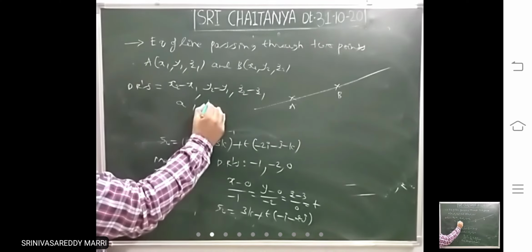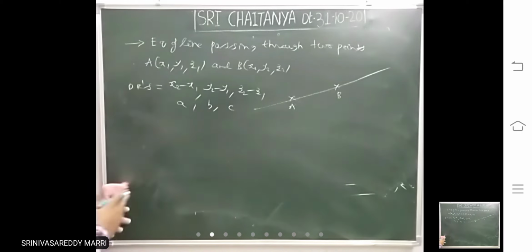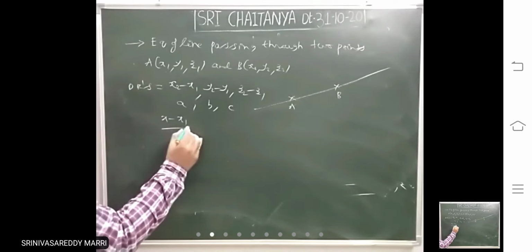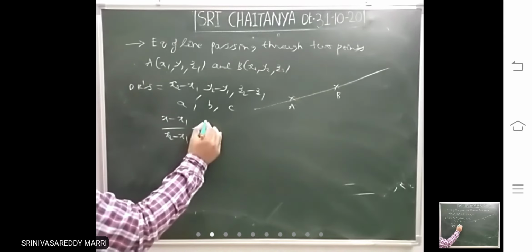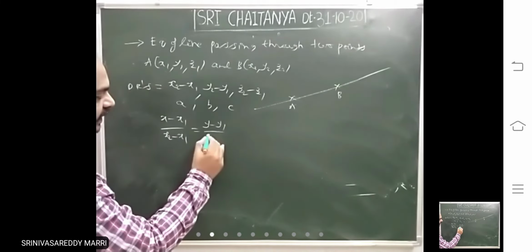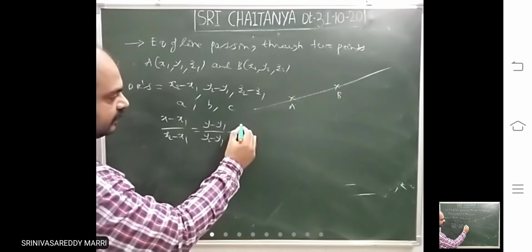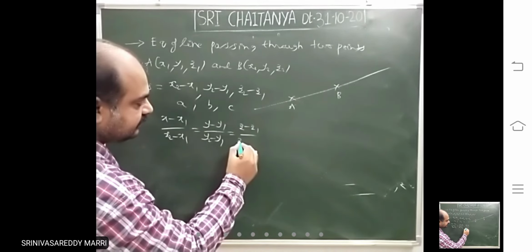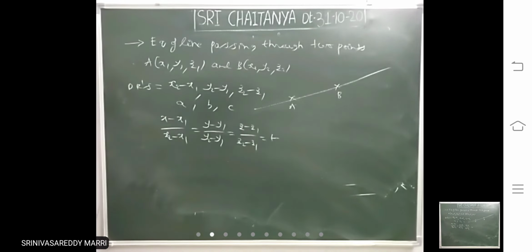This is A, B, C. So take one point and write x minus x1 divided by A equals y minus y1 divided by B equals z minus z1 divided by C equals t.